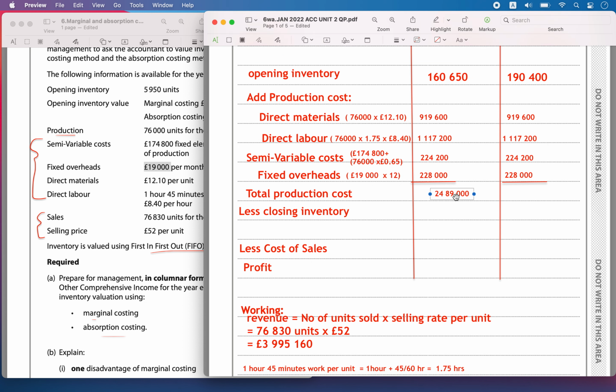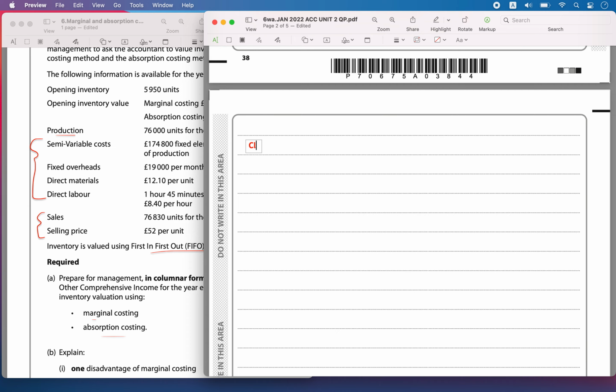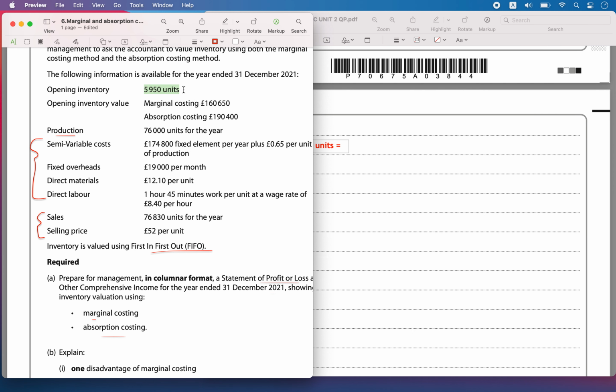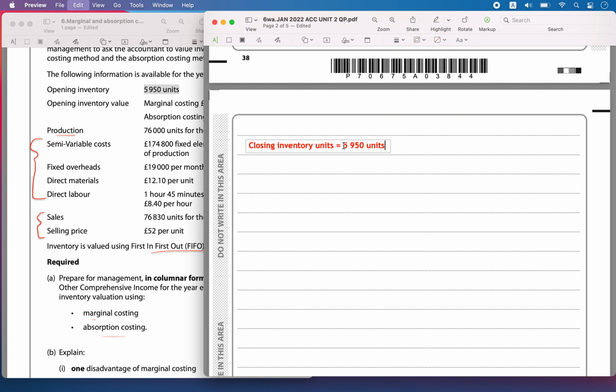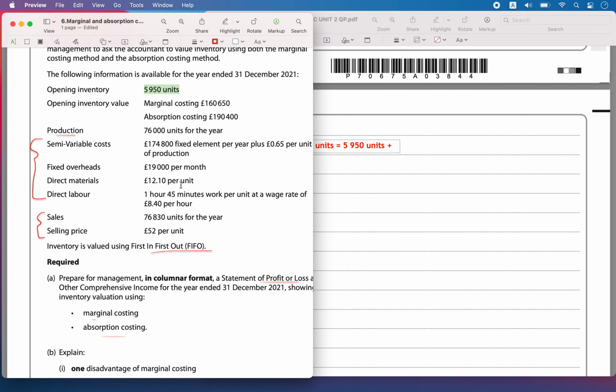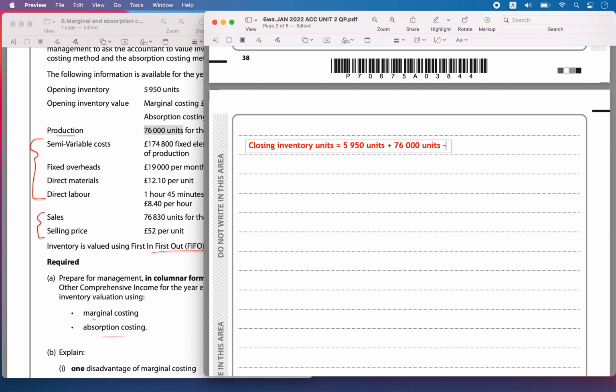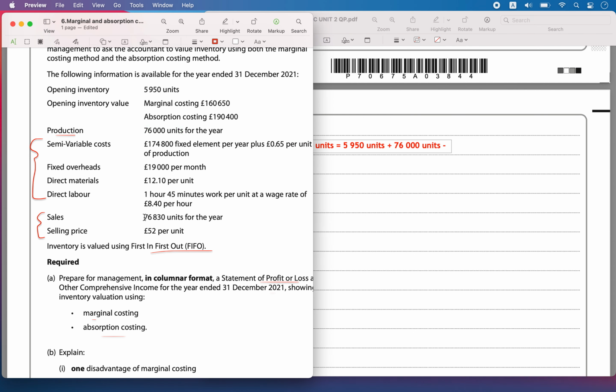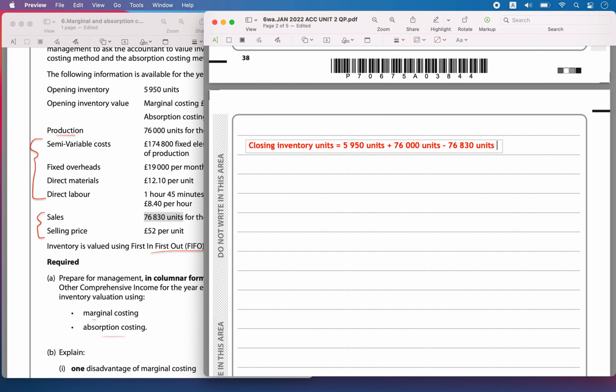Okay, so you have the opening inventory plus the production cost minus the closing inventory. We have to calculate inventory units. Closing inventory units is going to be equal to, we have opening inventory as 5,950 units and the number of units produced is 76,000 units per year, minus the number of units sold, 76,830 units were sold.